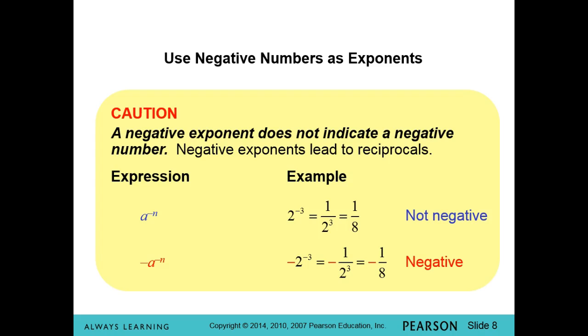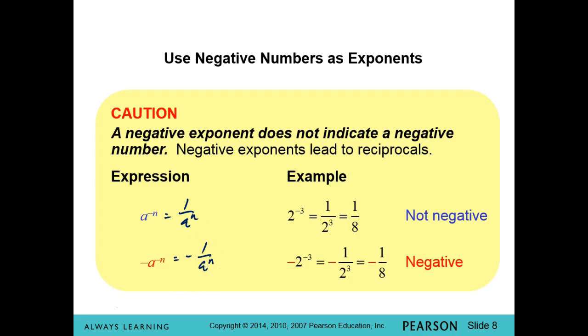So, a to the minus n is 1 over a to the n. And what's negative a to the minus n? Negative 1 over a to the n.